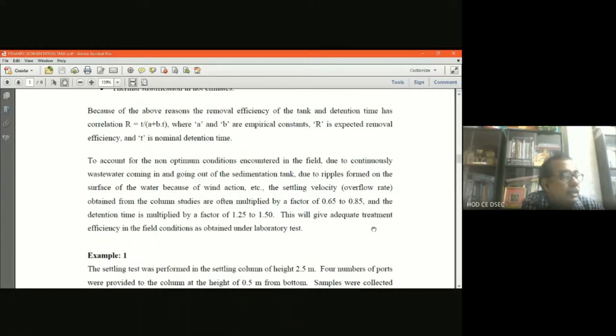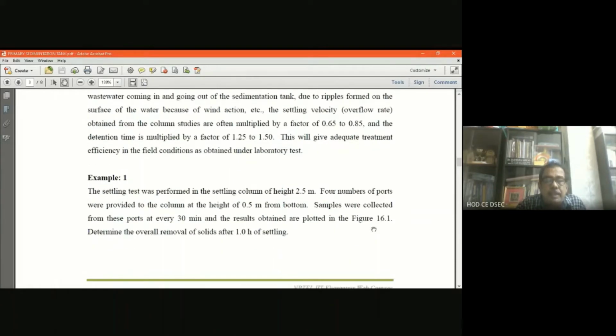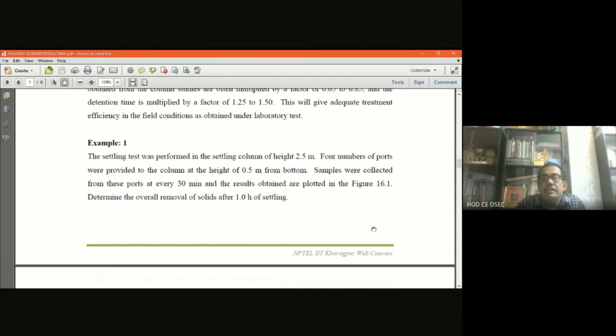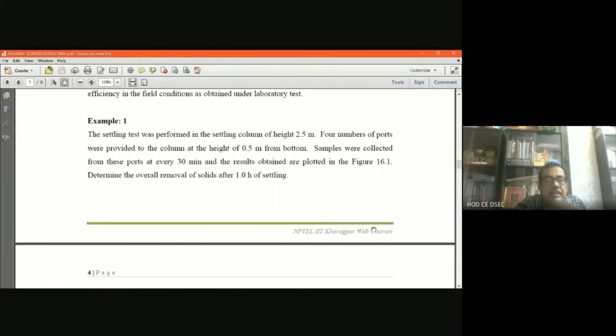Now let me solve one numerical problem. Then it will be very clear how the laboratory column study of the settlement characteristics of wastewater takes place. One example I am citing: a settling test was performed in a settling column of height 2.5 meter, it is given. 4 ports at 0.5 meter interval from the bottom, it is given.